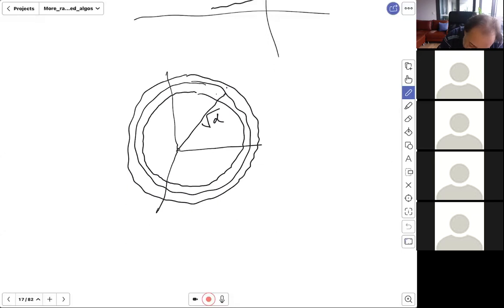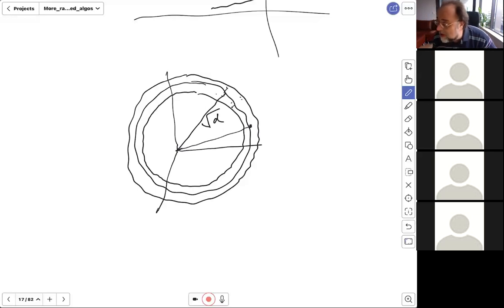Because the probability to differ, say, more than 10%, we saw is minuscule. So if you randomly choose our vectors, they will be almost of the same length with a huge probability.